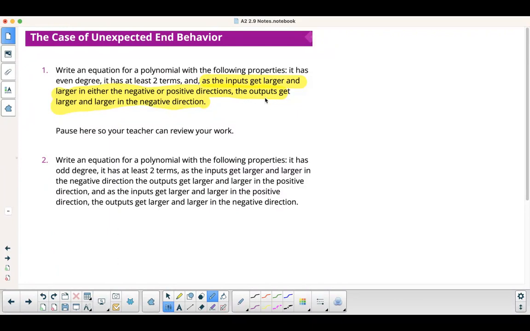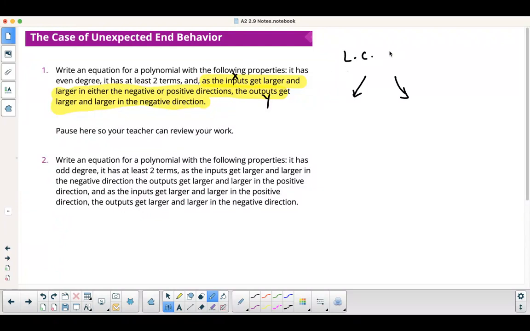The outputs are y, inputs are x. The outputs get larger and larger in the negative direction. So you might have to read this a couple times, but it's saying as I go left and right, the outputs are getting larger and larger in the negative direction. So it's basically saying your end behavior is like that, okay? Which would mean it's an even degree and the lead coefficient is negative.